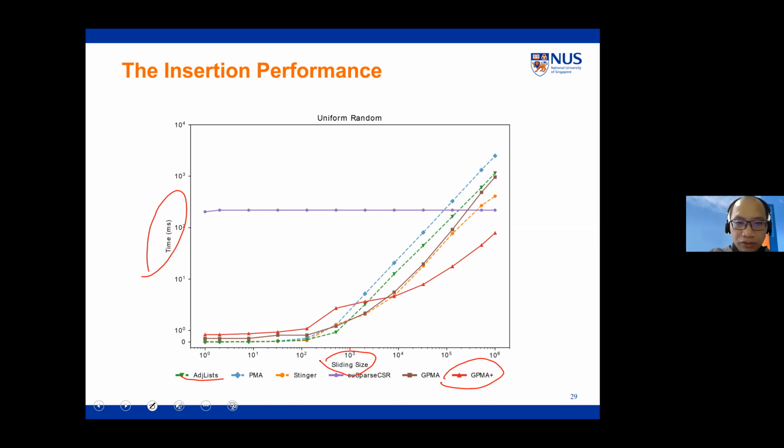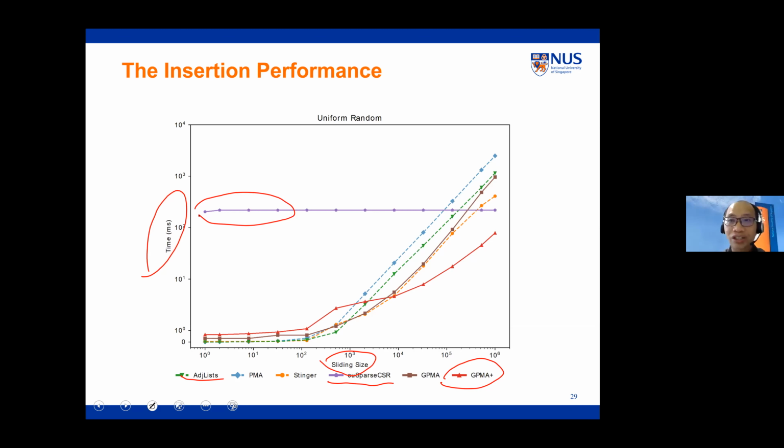The other one, as I mentioned, the compact one, is cuSPARSE CSR. Not surprisingly, the purple one, cuSPARSE, runs very slowly. Our approach is quite similar to the adjacency list in terms of insertion performance, and of course much better than cuSPARSE CSR.